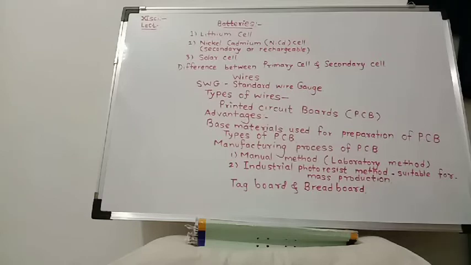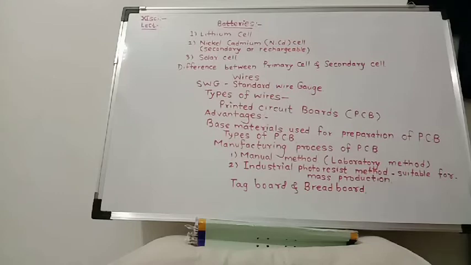And the cell which can convert chemical energy into electrical energy, or vice versa, means from chemical energy into electrical energy or electrical energy into chemical energy, is called a secondary cell.